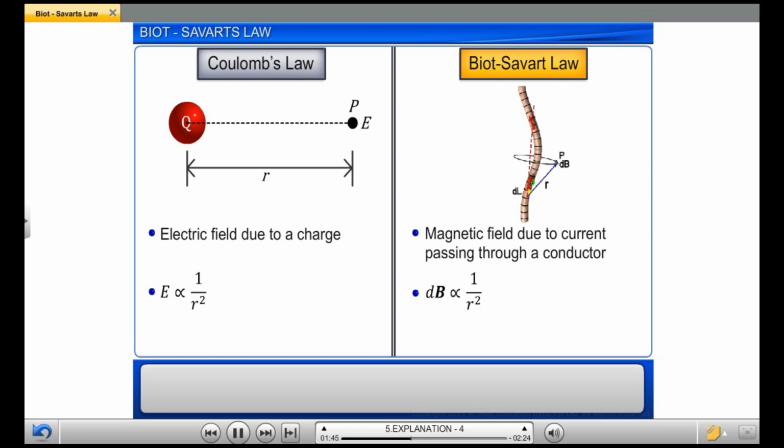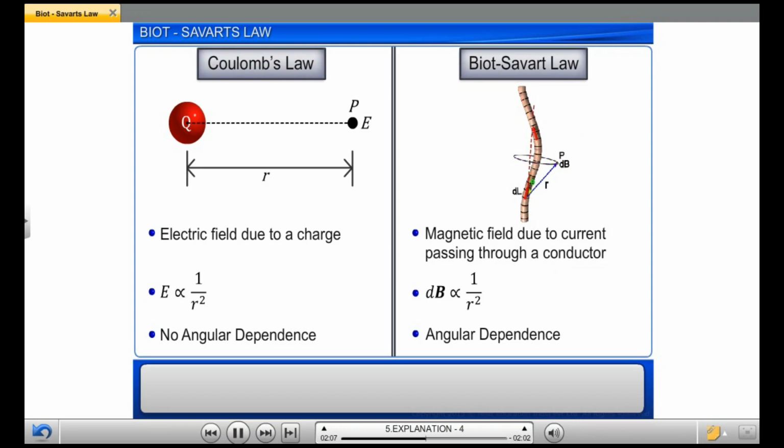The magnetic induction at any point P in the magnetic field of the current-carrying conductor depends on the angle between vectors dl and r, whereas there is no such angular dependence in the case of the electric field strength due to a point charge.